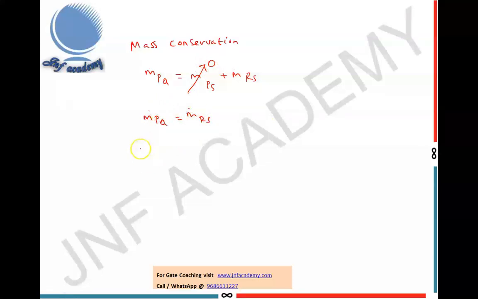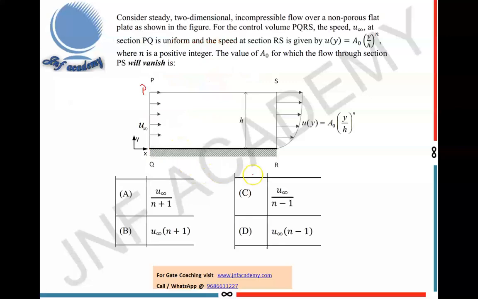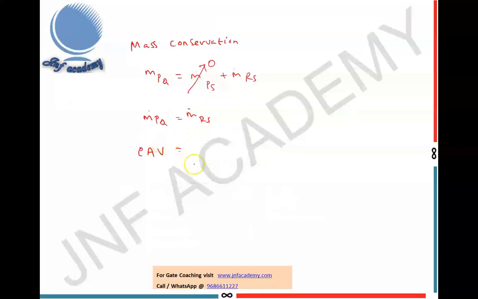So M dot PQ is nothing but rho A V, where V is constant, which is U infinity, given in the question. At this section it is U infinity, which is constant, whereas on the other hand it is not constant, because velocity is a function of y.